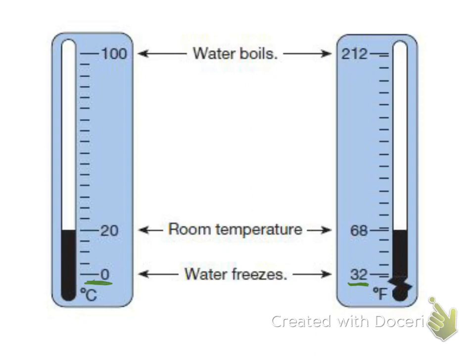Okay. Water boils at 212 degrees Fahrenheit on the Fahrenheit scale, and it boils at 100 degrees on the Celsius scale. Room temperature is about 68 degrees on the Fahrenheit scale and 20 degrees on the Celsius scale.